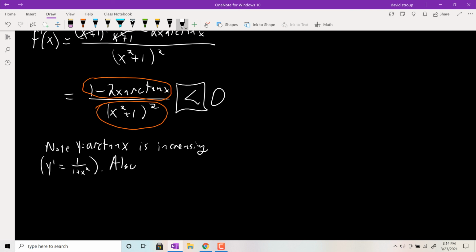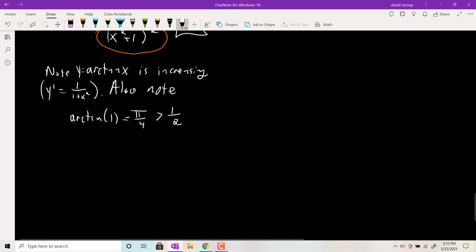Also, I know the value of arctan when x is equal to 1. So also note that arctan of 1 is equal to pi over 4, and pi over 4 is greater than 1/2.